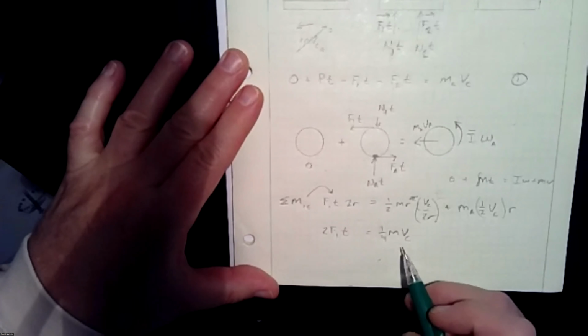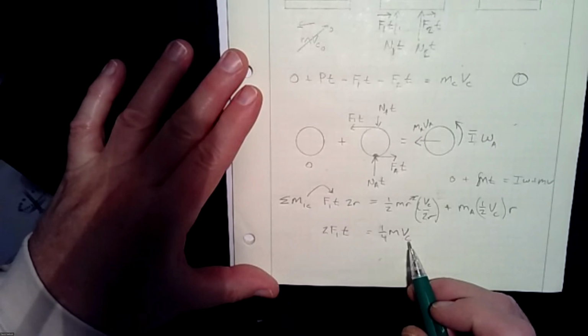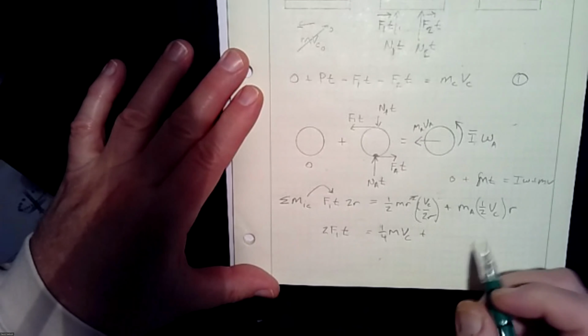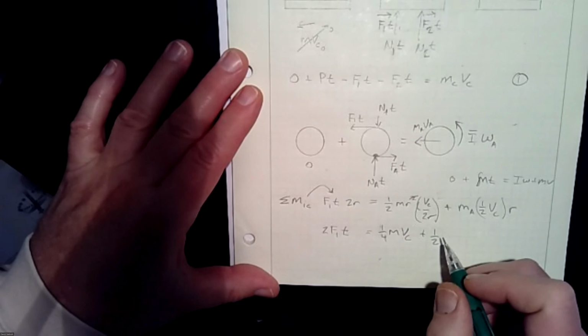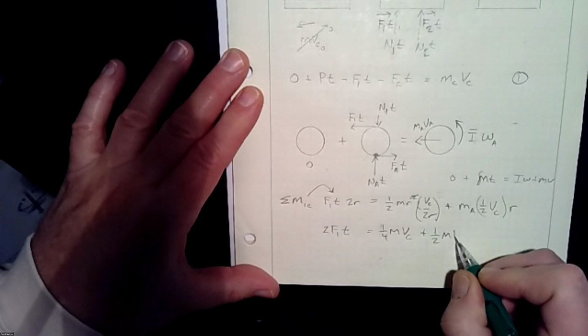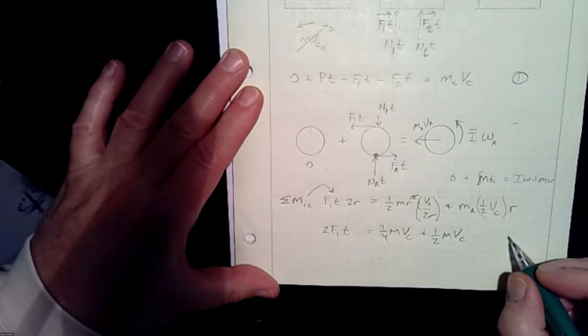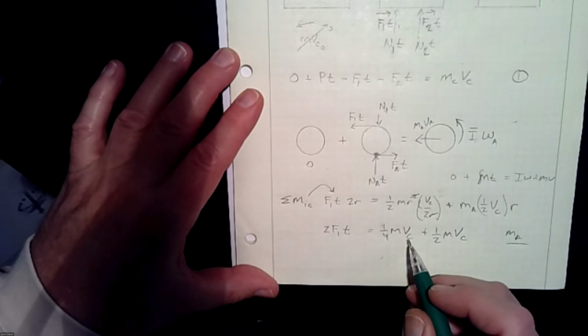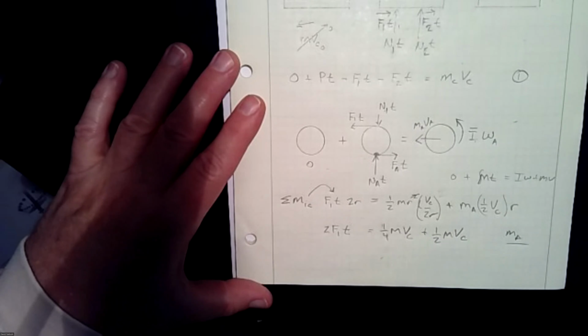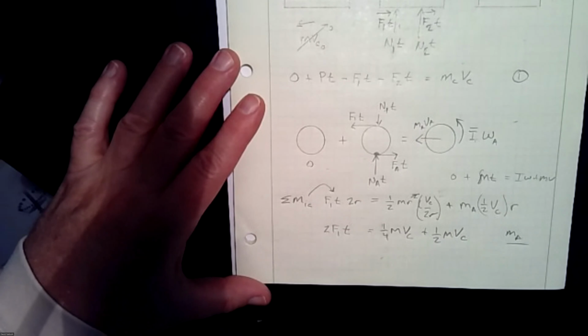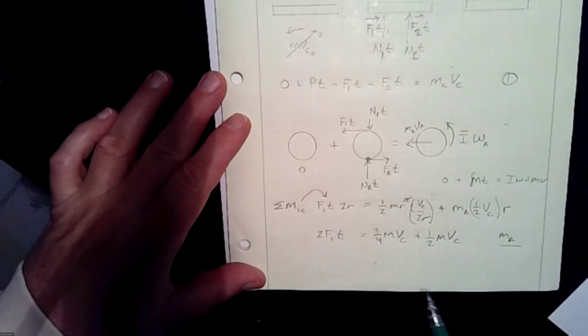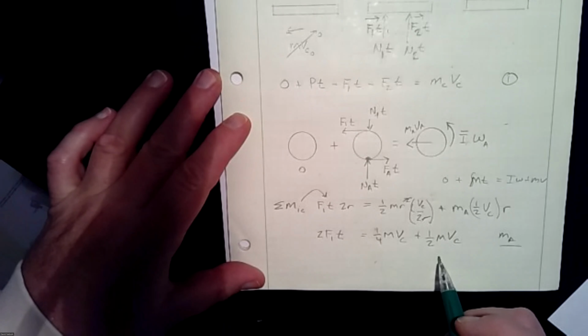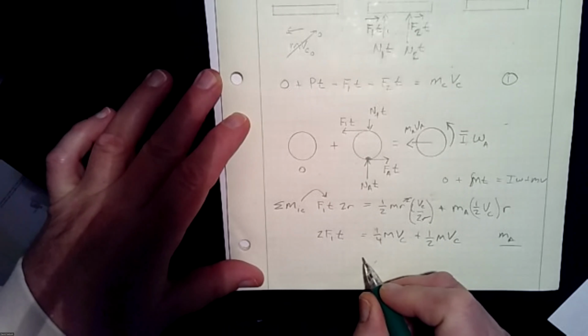So yeah, 1/4 M VC, and then plus 1/2 M VC. Now our masses, it's M A. I didn't put M A, but we know it's the mass of A. So now we can simplify this further. If we divide both sides by 2 and add, what does this really equal?